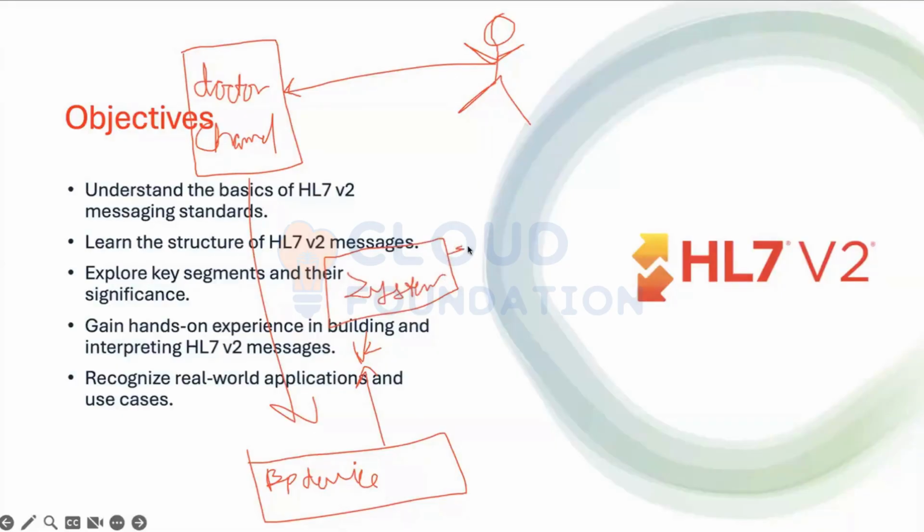This system will be responsible for transforming this HL7 version 2 message to human readable format and also storing that data to the database. This is our patient database. This system will store all the information to the patient database, convert the message into human readable format and send it to the doctor's channel. And then the doctor can directly read the message.